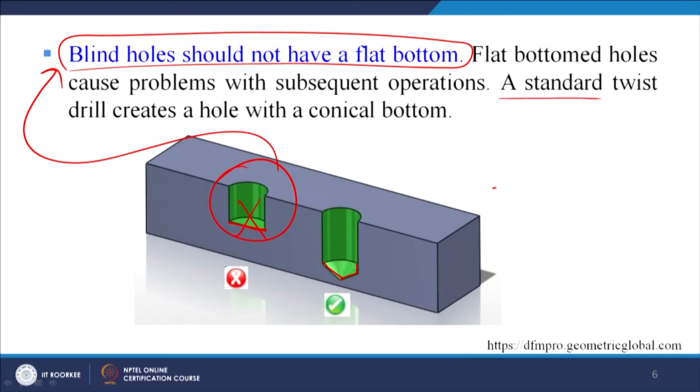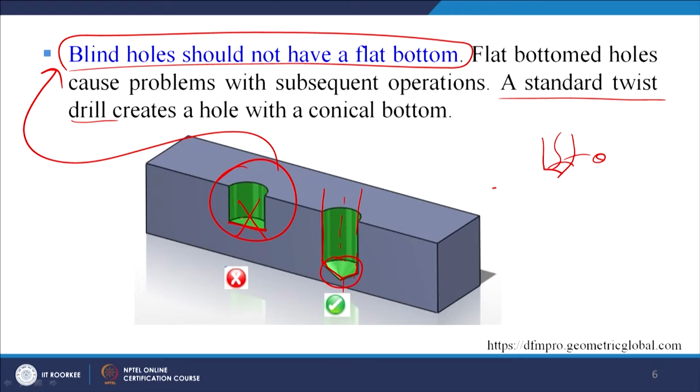A standard twist drill is something like this, with a point angle theta. So the standard twist drill creates a hole with a conical bottom. So if this drill goes inside, it will definitely create a hole with a conical bottom.